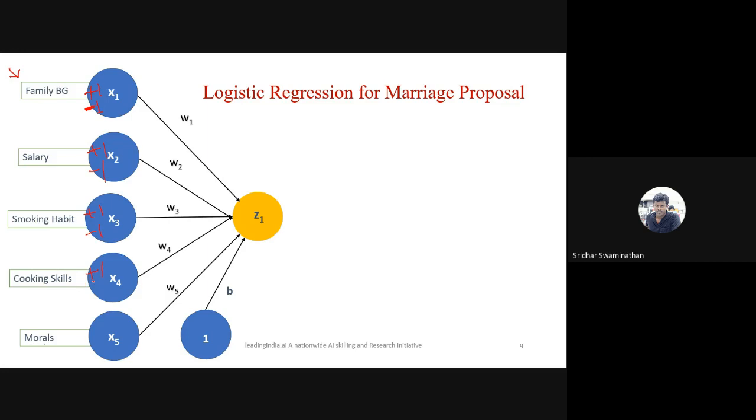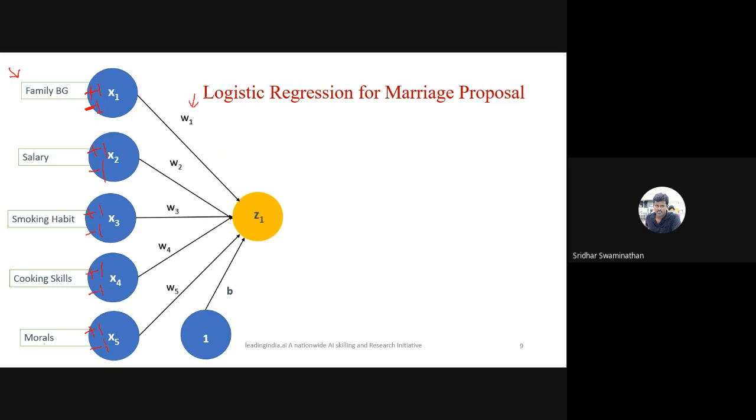Cooking skills: +1 means she wants to cook, -1 means Swiggy or Zomato type, whatever you want to have, you can just order. For morals, +1 means she has a kind of orthodox mentality, good morals, good ethics. -1 means my life, my rules, nobody can control me, I'm a butterfly, something like that.